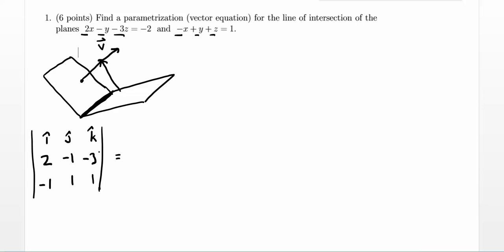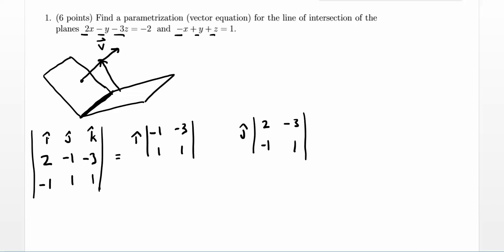So the determinant is going to be the I unit vector, times the determinant of these four numbers, negative 1, negative 3, 1, 1, j, times the determinant of these numbers, 2, negative 3, negative 1, and 1. How are we finding that? We're just crossing out the row and column that j is in, and then taking the determinant of what's left.